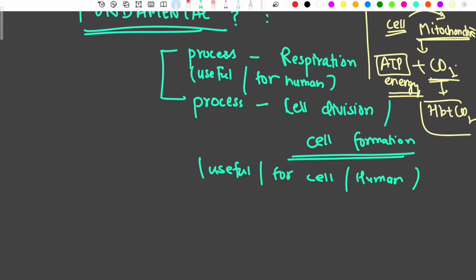If the cell is not divided, the infected cell will affect another cell, and slowly, when many cells are infected, there will be tissue damage, then organ, then organ system, and then organism damage, and that can lead to death if it is not controlled. So it is useful both for cells and for humans, because otherwise cells would be destroyed, and the process of respiration is useful for humans.